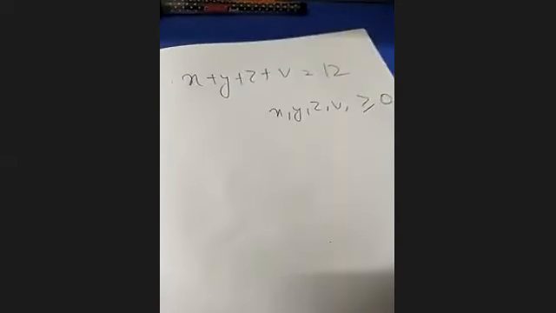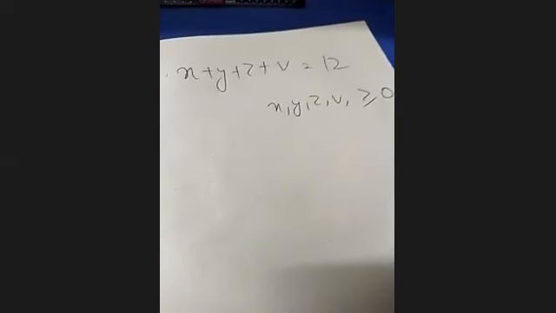And of course, x, y, z, v greater than or equal to 0. I will tell about other ranges later. So Manik, your answer is 15C3. Exactly 20 more seconds left.